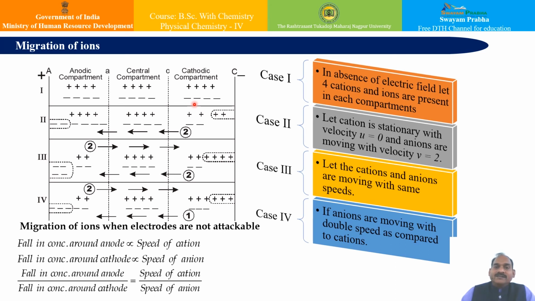Similarly, if I take another example of dilute nitric acid, HNO3, in the HNO3 solution the nitrate ions will carry only 16% of the total current, whereas the hydrogen ions carry about 84% of the total fraction.